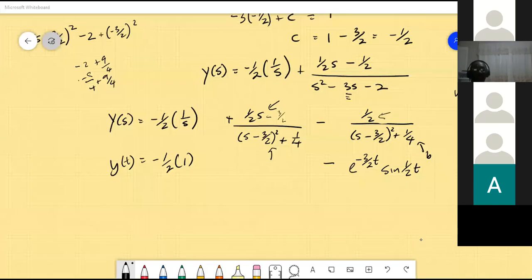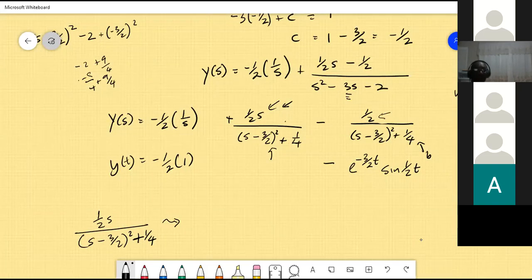All right, so now this thing here, we have to go fix up this one here. So let me go and fix it up. We have a half s over s minus 3 over 2 squared plus a quarter. Of course, the easy way to fix up all of these things is to get a bigger Laplace transform table, but we have to go through the maths because we don't have a bigger Laplace transform table presently.